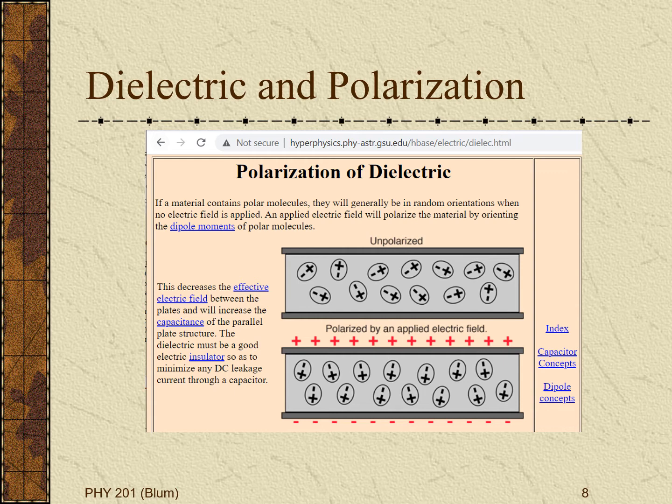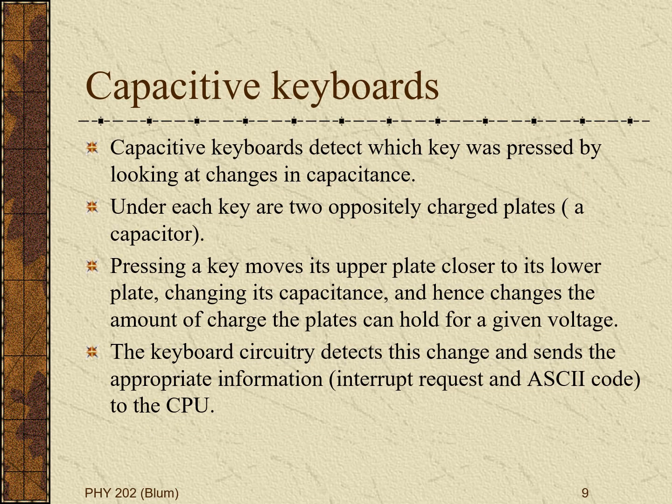The negatives of the dielectric line up on the surface near the positives, and the positives of the dielectric line up next to the negatives. This gives the overall effect of seeming to be less charge, so you can get more charge on there because the effect of the charge is less. The ability of the material to do that is known as its polarizability.